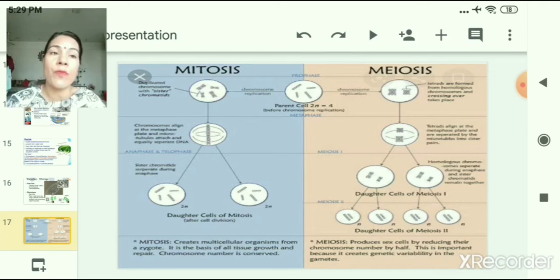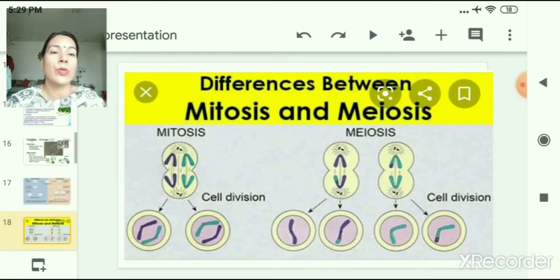Whereas in meiosis, which occurs in reproductive cells, four daughter cells are produced. Children, you will understand this process in higher classes. It will be taken up in detail in 11th standard. So for 9th standard, I think this is enough. There is one more slide to show you the difference between mitosis and meiosis.